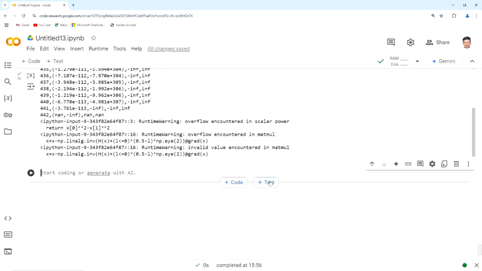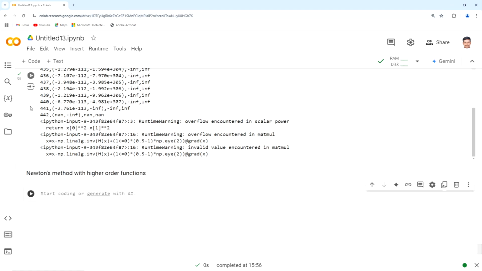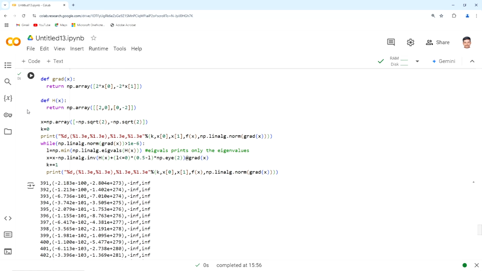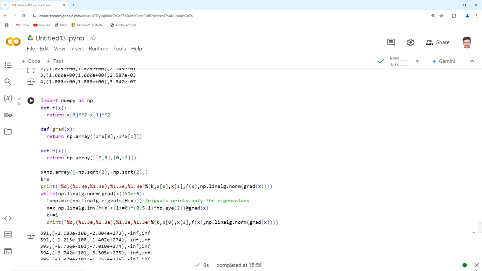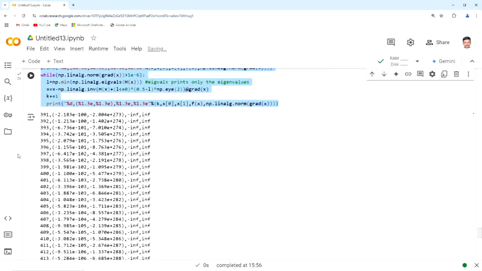I will write this as Newton's method with higher order functions. Of course, we want to just experiment with Newton's method, so I will remove all the damped and modified Newton's and everything.